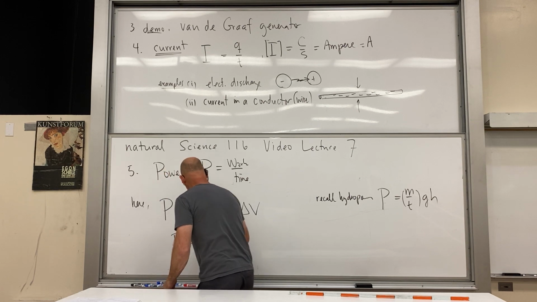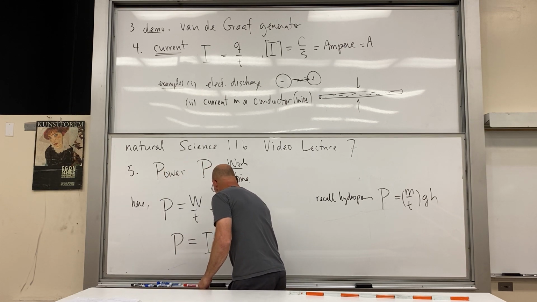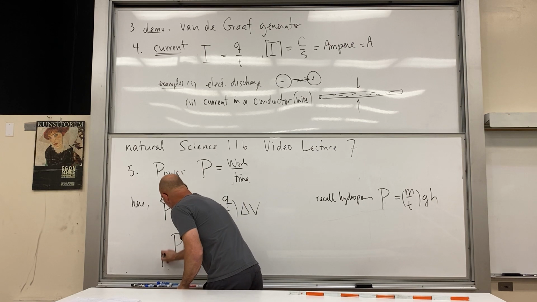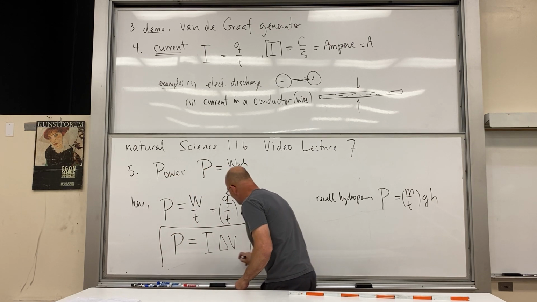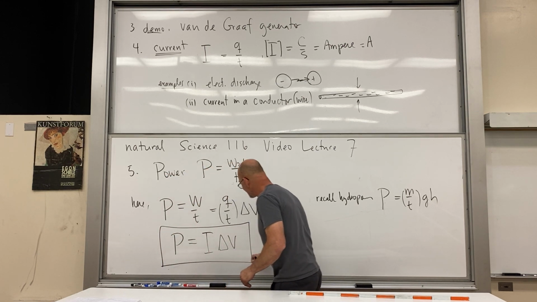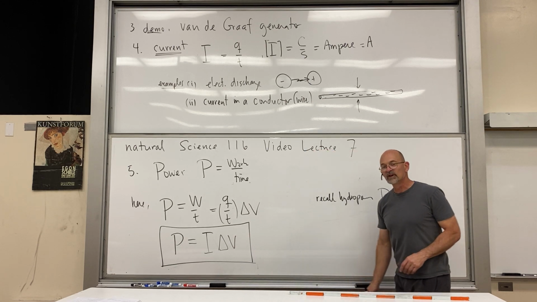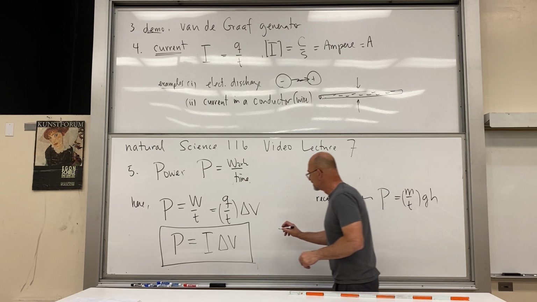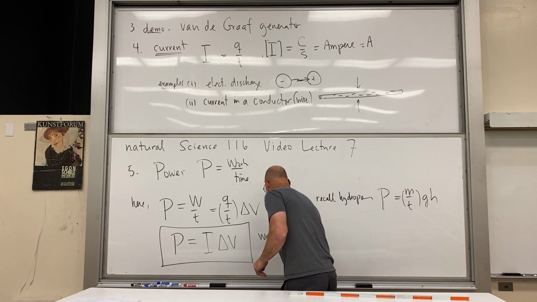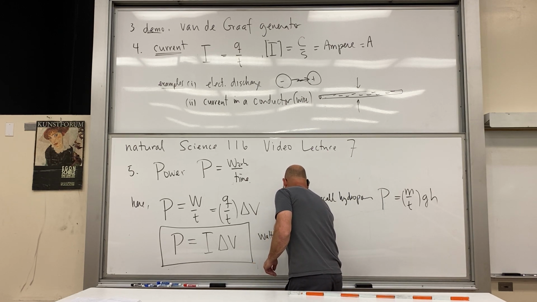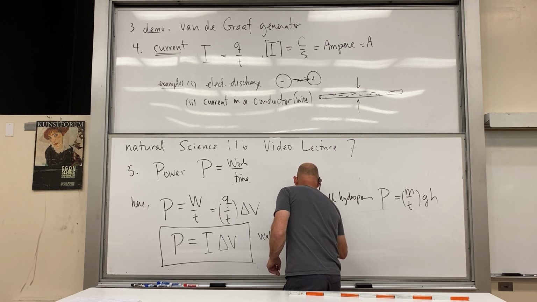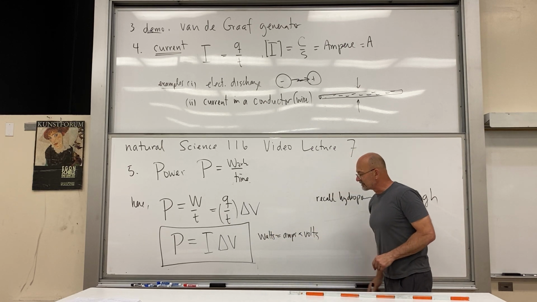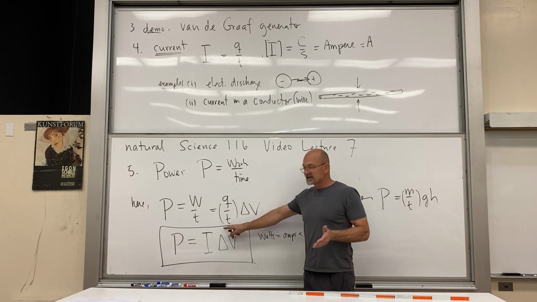P was equal to I delta V, something you'll never forget. Watts is amps times volts. Very useful to know even in the household world. Okay, I'll put it here, watts equals amps times volts. And then I had given some homework on exactly this formula.